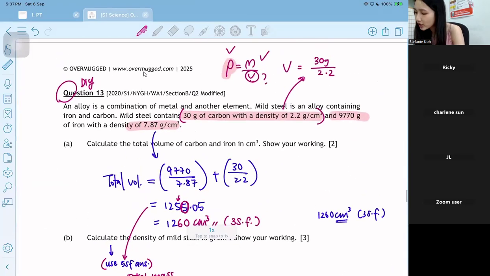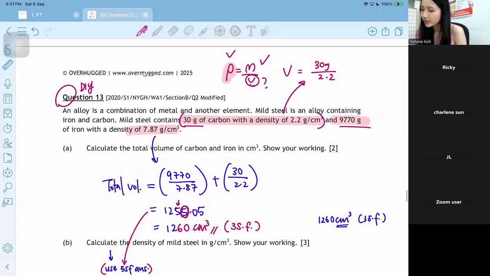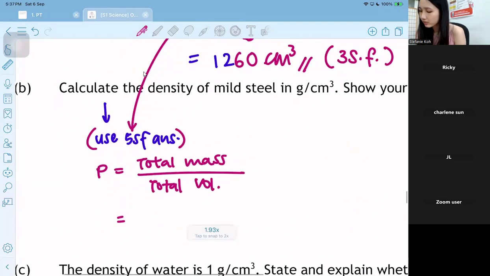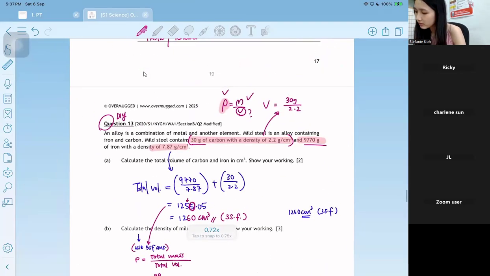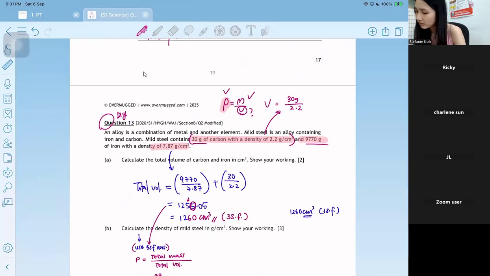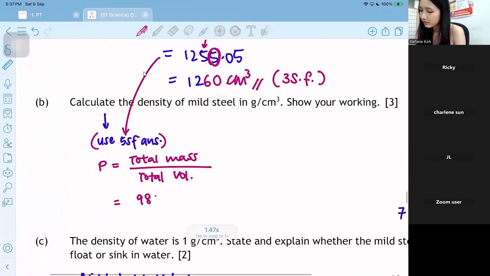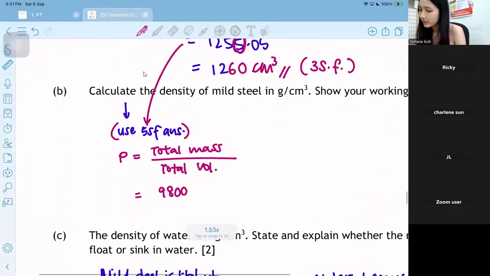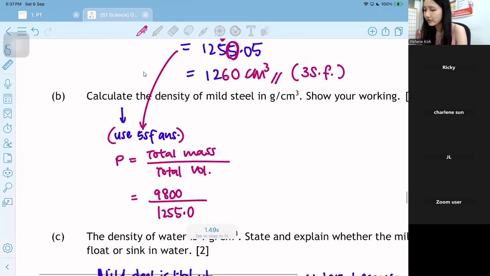Total mass is how much? You just take this, add with 30, right? So that's like what, 980? 98. Yeah. Right? Divide by total volume, 1255.0. 1, 2, 3, 4, 5. Yeah, that's 5SF already.